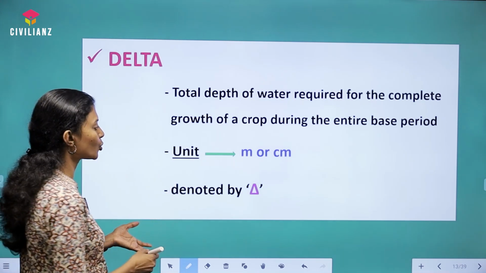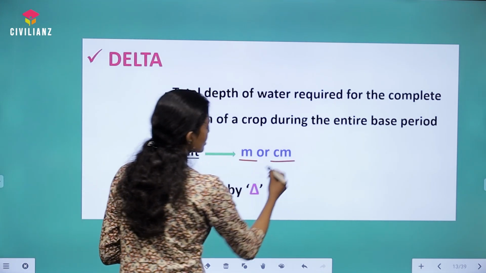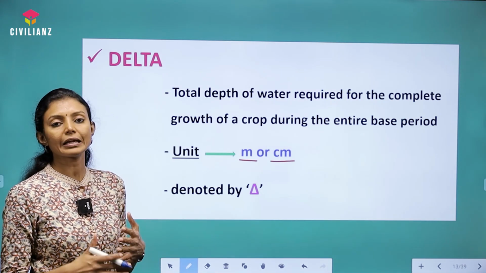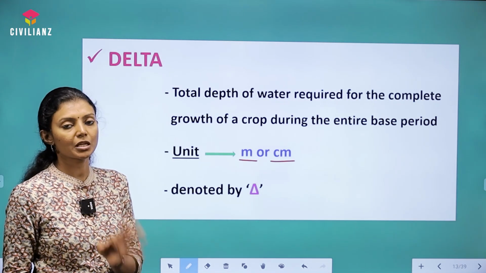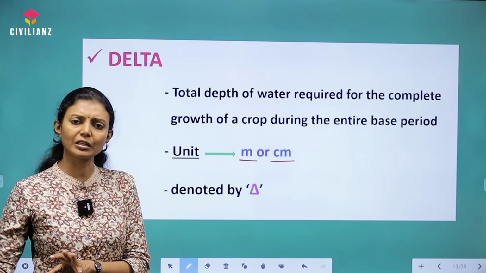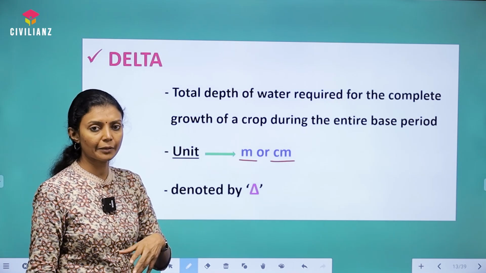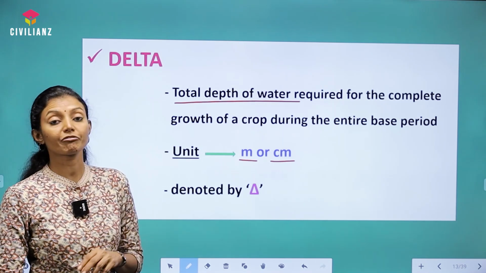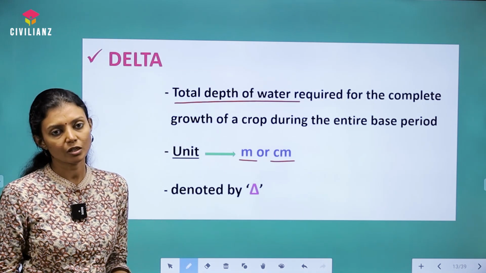So, definitely the unit will be meter or centimeter or millimeter. You can represent delta in any units of depth: meter, centimeter, millimeter or any other unit. So, what is basically delta? The total depth of water required for the complete growth of a crop.